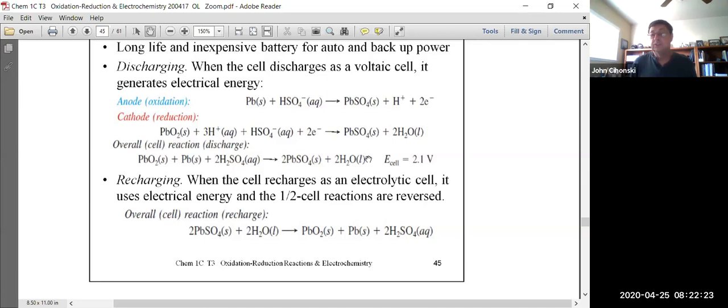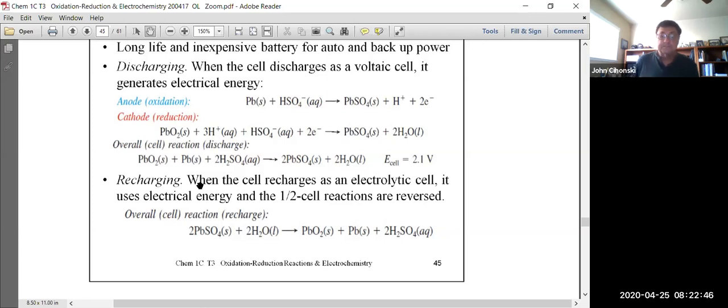One is to run the engine. That's what provides the electricity for the spark. That's what provides the electricity for your radio, for your headlights, everything else. It also is used for recharging the battery. So you have a small slipstream of that electricity.